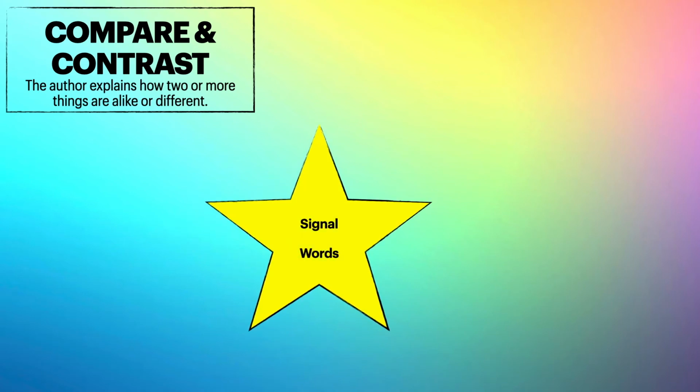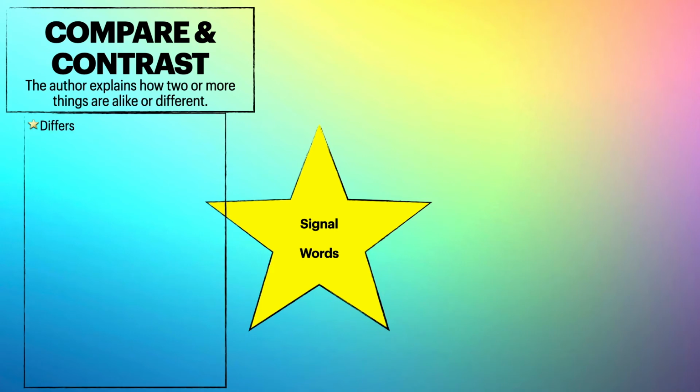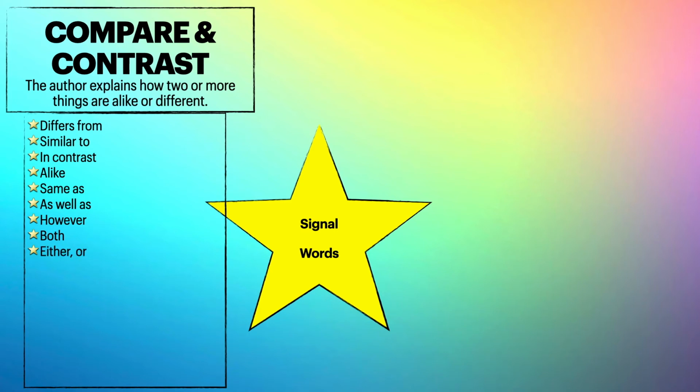Some signal words that you'll find in this text structure to help you identify it as compare and contrast are differs from, similar to, in contrast, alike, same as, as well as, however, both, either or, not only, but also, yet, although, best, fewest, tallest, or any other words that end with -est at the end of them.